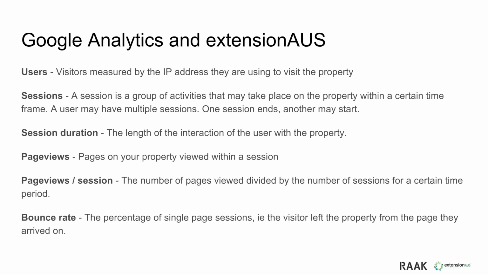Now, a session is a group of activities that may take place on your website within a certain time frame. Any particular user can have multiple sessions. When one session ends, another may start. It all depends on what they do, whether they're leaving and coming back. So a user may be a returning user with another session. Session duration is the length of the interaction of that user for that particular session.